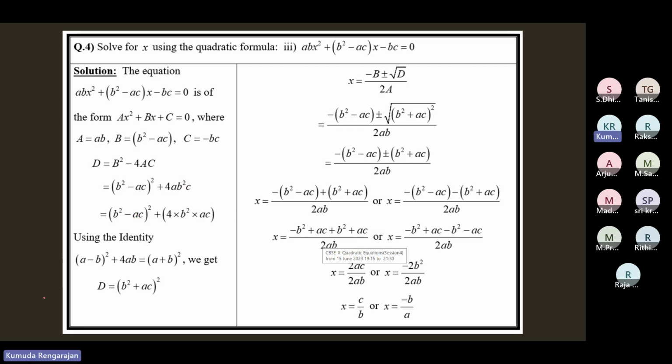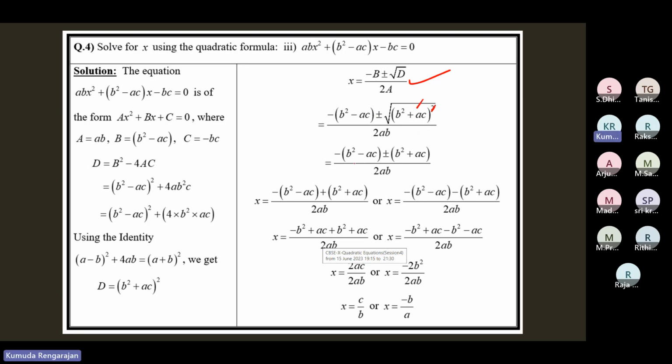So clearly, D is of the form a minus b the whole square plus 4ab, which is nothing but a plus b the whole square. So b square plus ac the whole square. Now see here, D is a perfect square. Now write the formula. Substitute the values. The square and square root will get cancelled out.